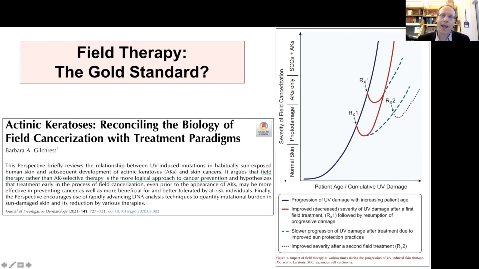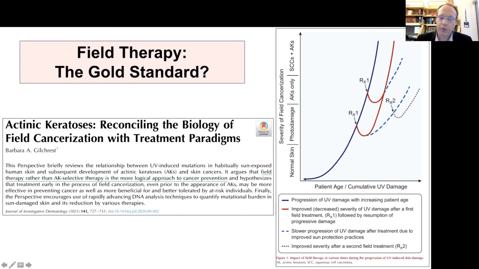So if we look at that y-axis first, we start at the bottom of the y-axis where you have normal skin, and then you have photodamage, and then actinic keratoses, and then SCCs. This is the severity of field cancerization, or that progression of photodamage to squamous cell carcinoma. And we're following it over patient age or cumulative UV damage.